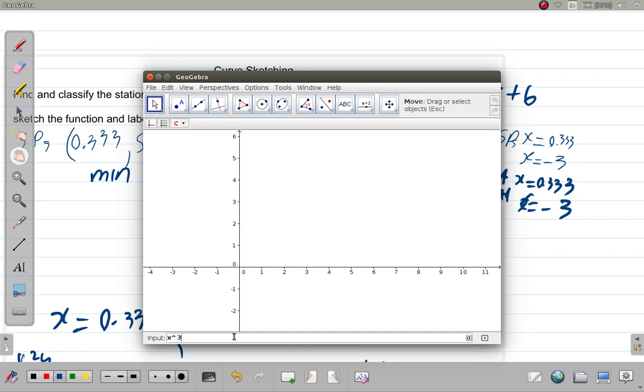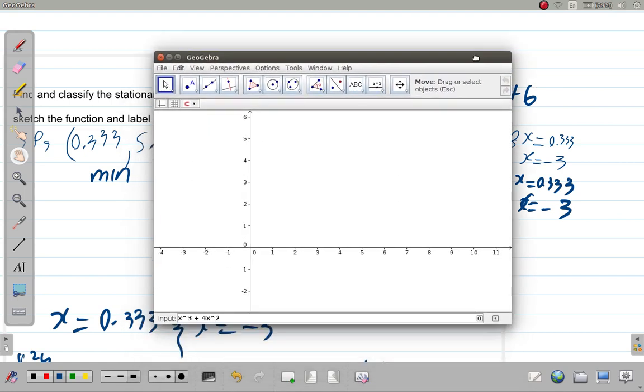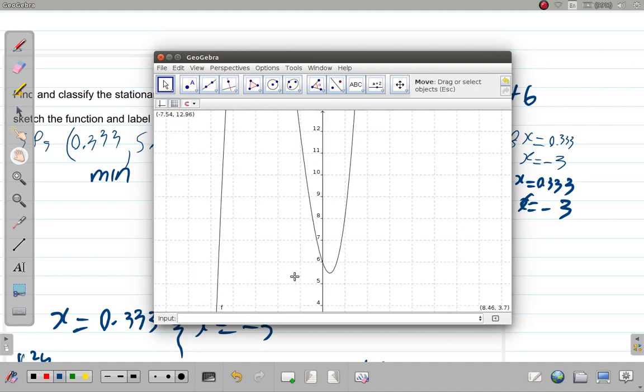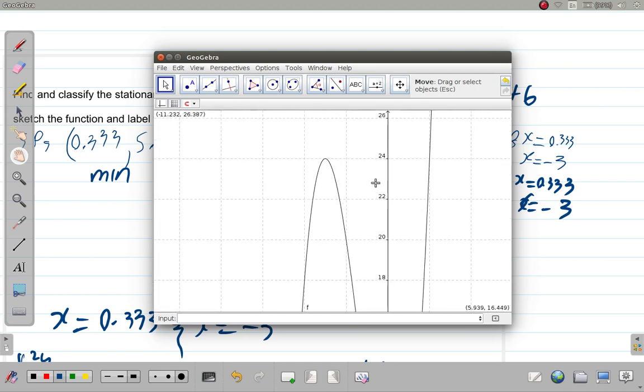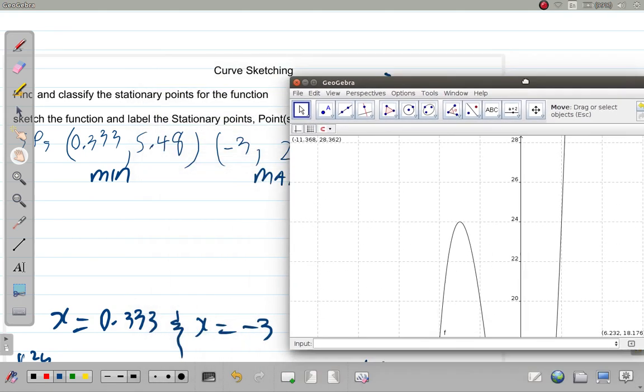X to the power of 3 plus 4x to the power of 2 minus 3x plus 6. Alright, what will our graph look like? Okay, let's see if we really are correct.